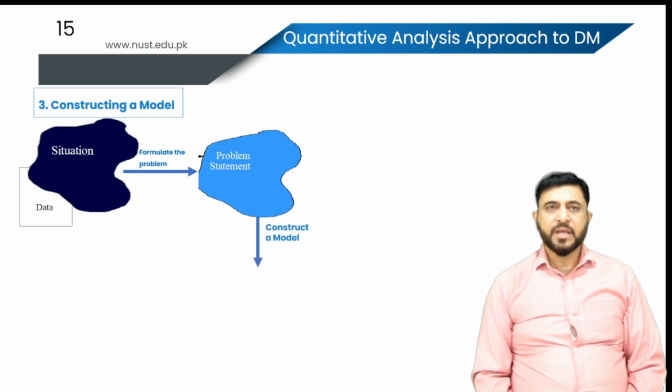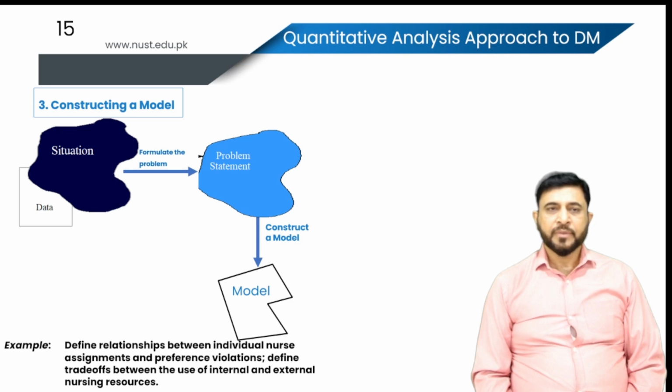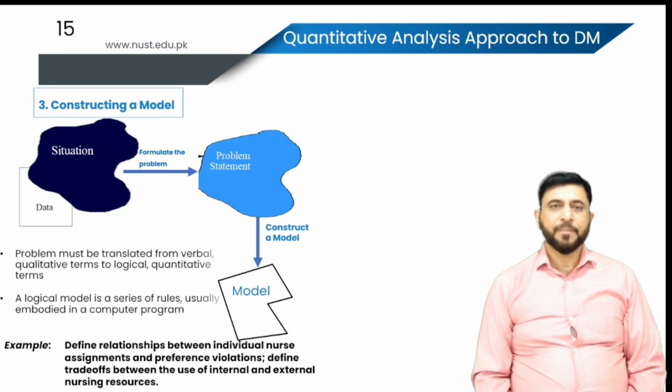The third step is constructing a model. For example, define the relationship between individual nurse assignments and preference violations. Define trade-offs between the use of internal and external nursing resources. When we find the relationship amongst different variables, it means we are making a model.